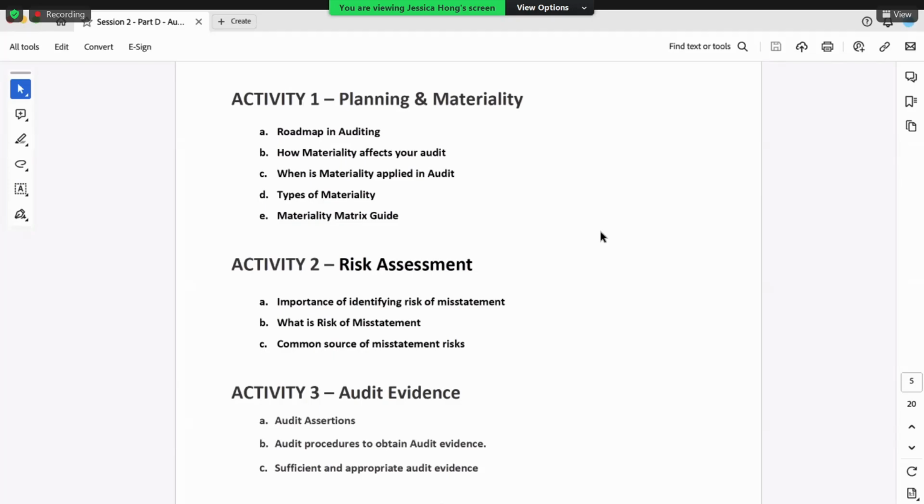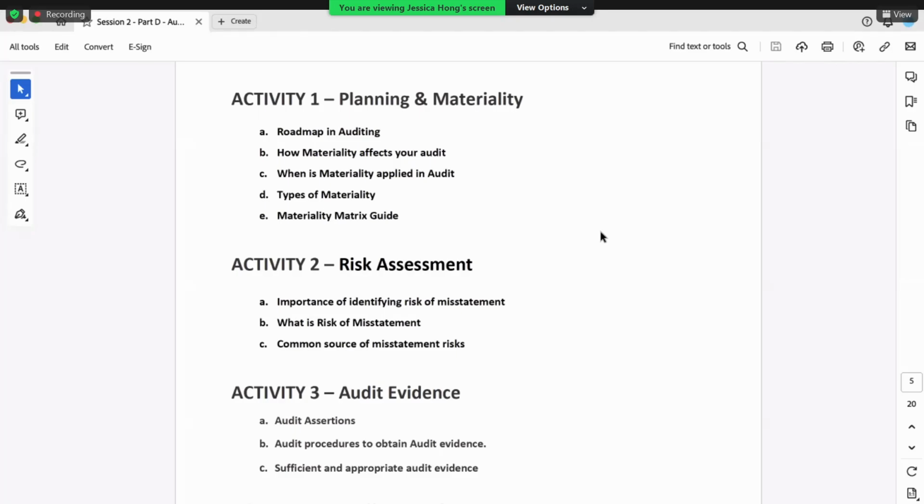So let's one more time go through some of the details on each activity that we have identified for today's class. For planning and materiality, I will begin by showing you the audit process for the whole audit. I call it the roadmap. All right, we will talk about that. This roadmap is important because it shows us the areas of focus that we need to look at during our planning and also audit testing.